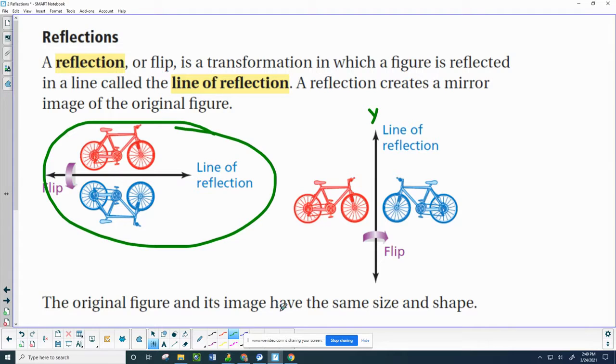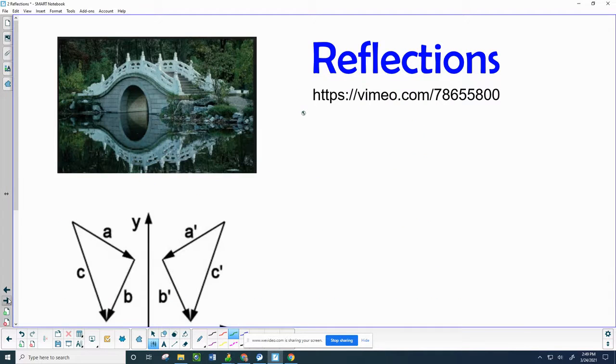So the original image and the new image will have the same size and shape. They'll just be pointing in a different direction. All right, so here's another look at its reflection across the y-axis. Here's a picture that's a reflection of this particular bridge in the water that the bridge goes over. So it's a pretty clear reflection, isn't it?